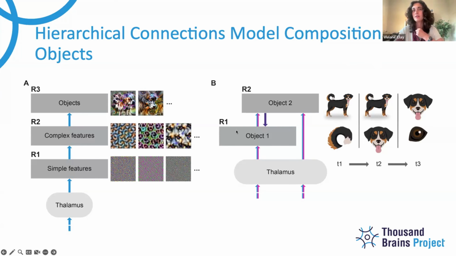And so even columns in V1 or V2 can represent entire objects that are larger than their receptive field by moving in the world. And so here's one example of how compositional structure could be represented. So for instance, as we're attending to different features on this dog, region 2 has learned a model of a dog. Region 1 has learned a model of a dog's tail. So at a certain location in the model of the dog, the tail exists.